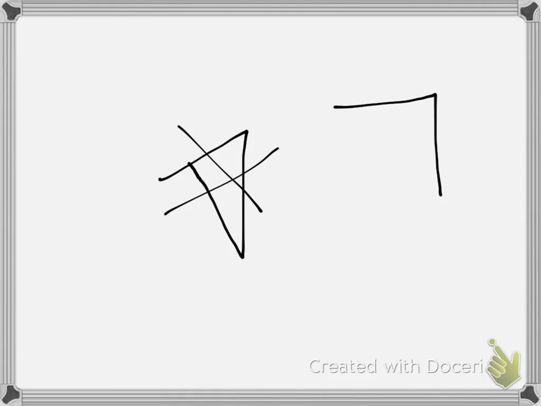So let's practice. I'm going to put a shape down. I'm going to give you 3 seconds to say if it's a polygon or not a polygon. That is not a polygon. That is a polygon.